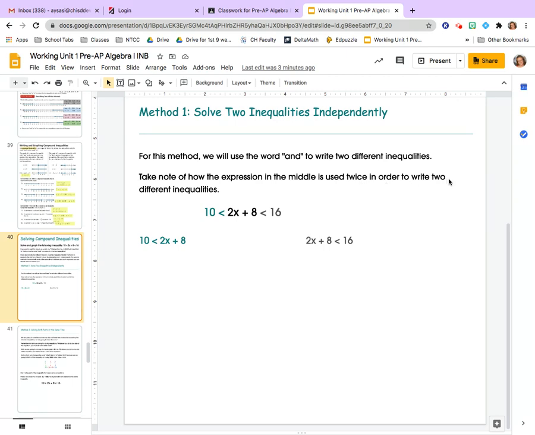So in your composition book, I want you to write the title, Solving Compound Inequalities, slide 40.